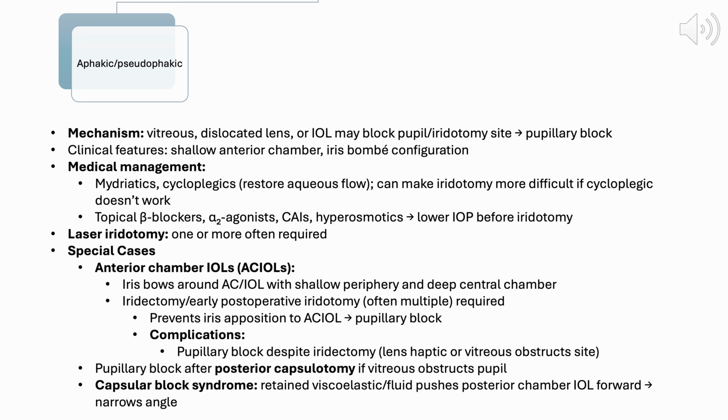Another scenario is pupillary block after posterior capsulotomy, especially if the vitreous herniates forward and obstructs the pupil. Additionally, capsular block syndrome can occur when retained viscoelastic or fluid pushes a posterior chamber lens forward, narrowing the angle and creating a block.